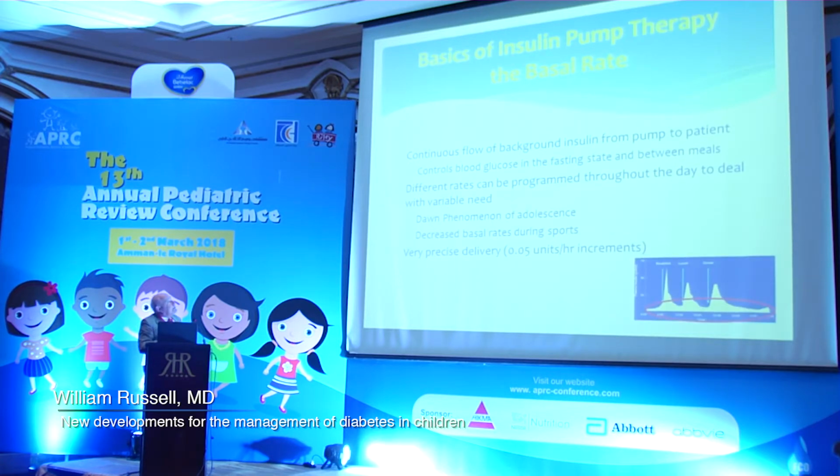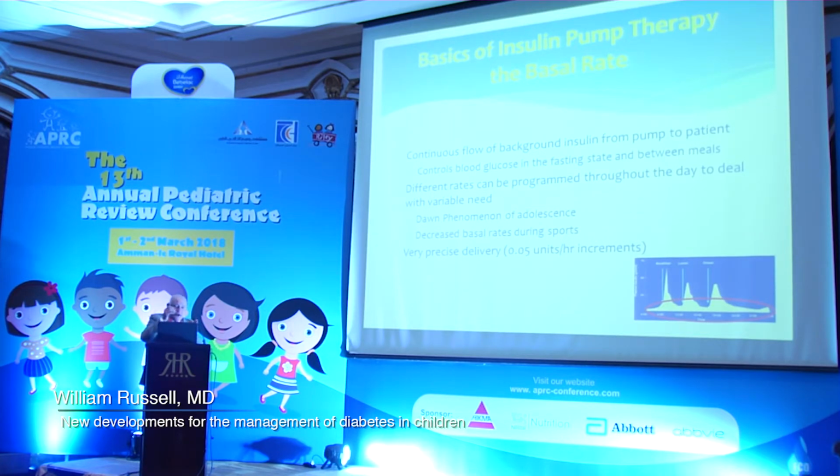Okay, so I think I've said enough about what's entailed in the basal rate. There's essentially two things you can set, actually three things you can set in a pump. The basal rate, and as I mentioned to you, that's units per hour that are delivered continuously. You can then subdivide that into various time periods.